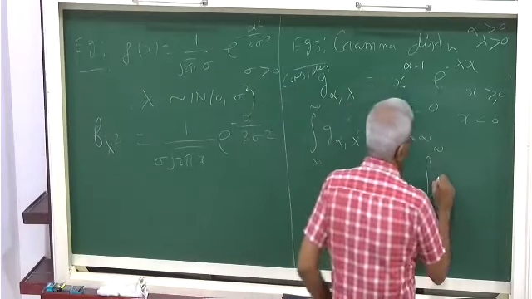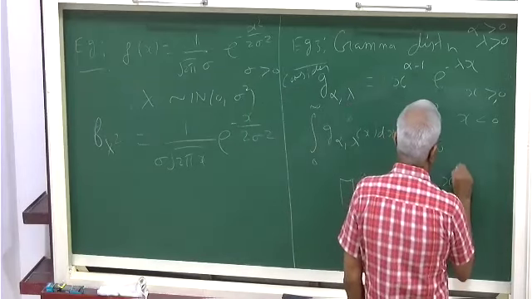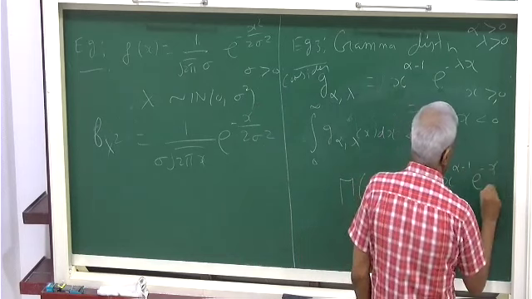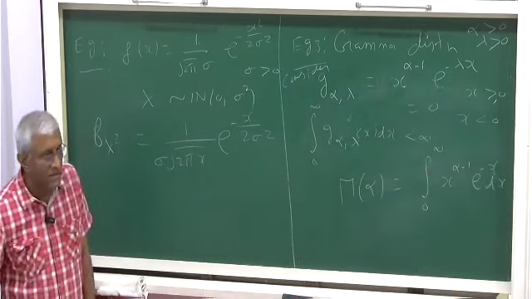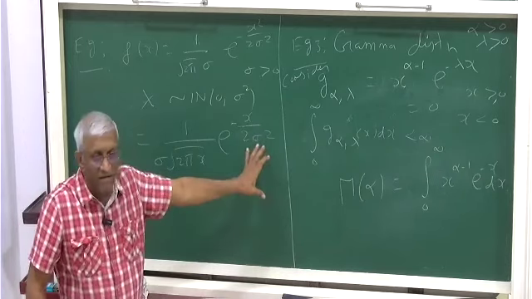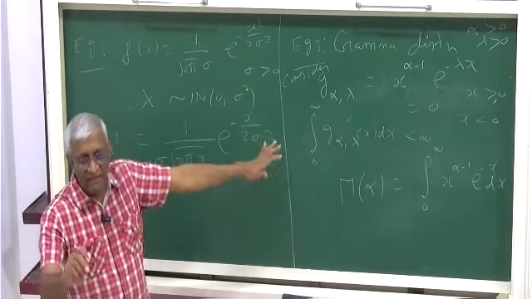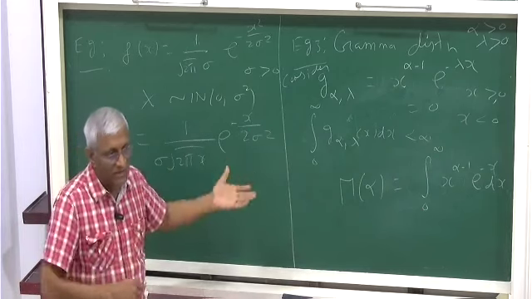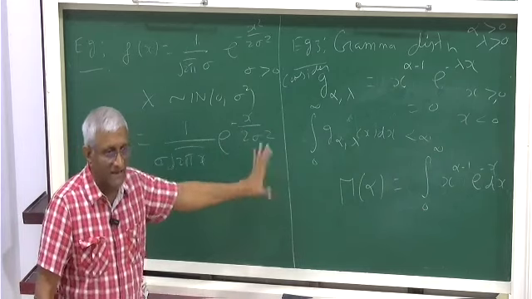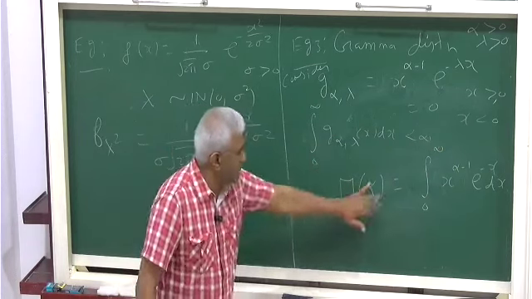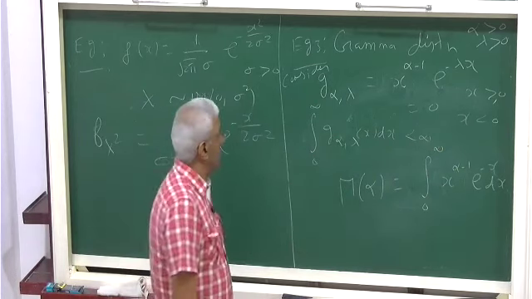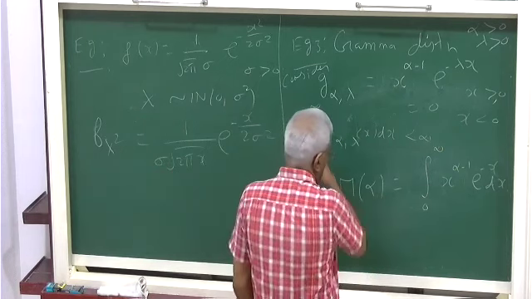Gamma of alpha is equal to the integral of x power alpha minus 1 e power minus x dx. There is no nice form for this function. Nice form means something familiar to us, like log or sine. This is a function of alpha, and its value at alpha is this.